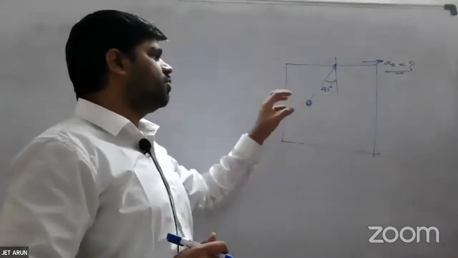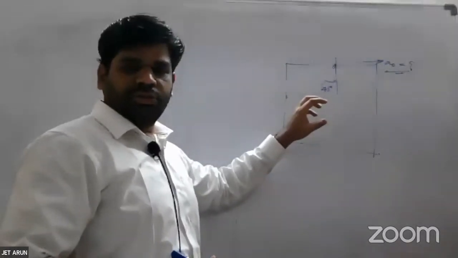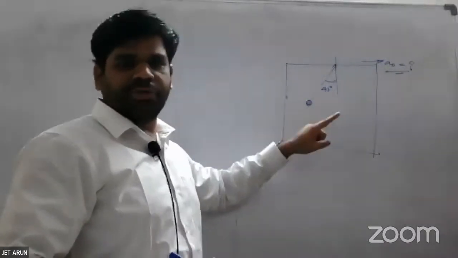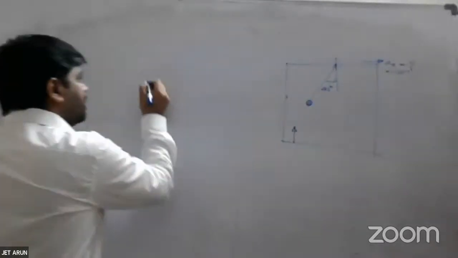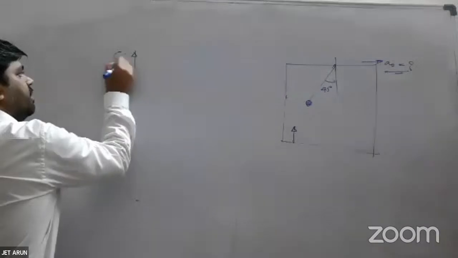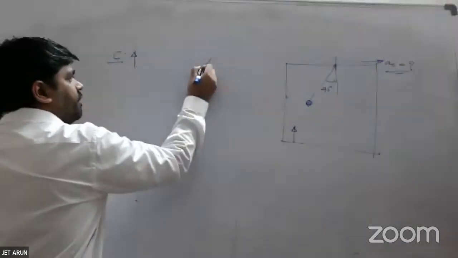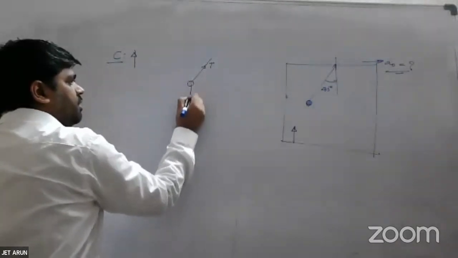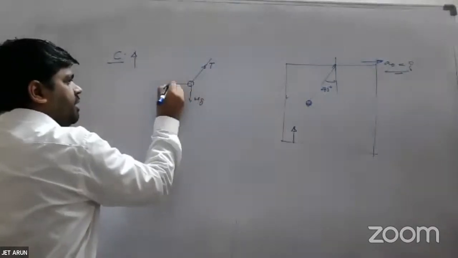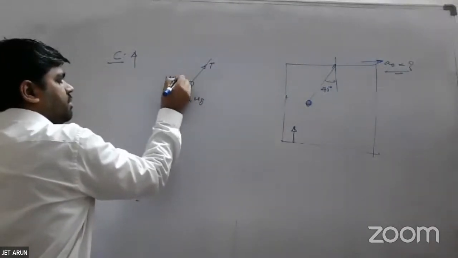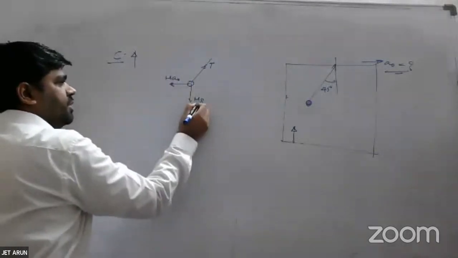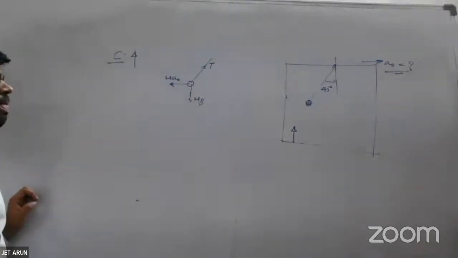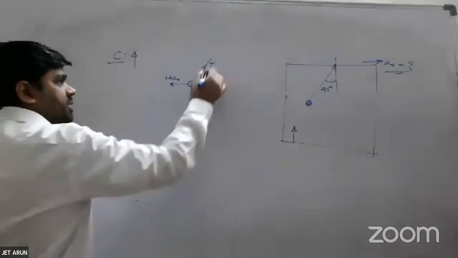I told you, let's first choose a reference frame. So I'll choose a non-inertial reference frame to solve the problem. I'll choose this frame. So with respect to that frame, which is the car, I'll have T, mg, and m a naught as pseudo force. This is a pseudo force, and these are real forces. And this is 45 degrees.